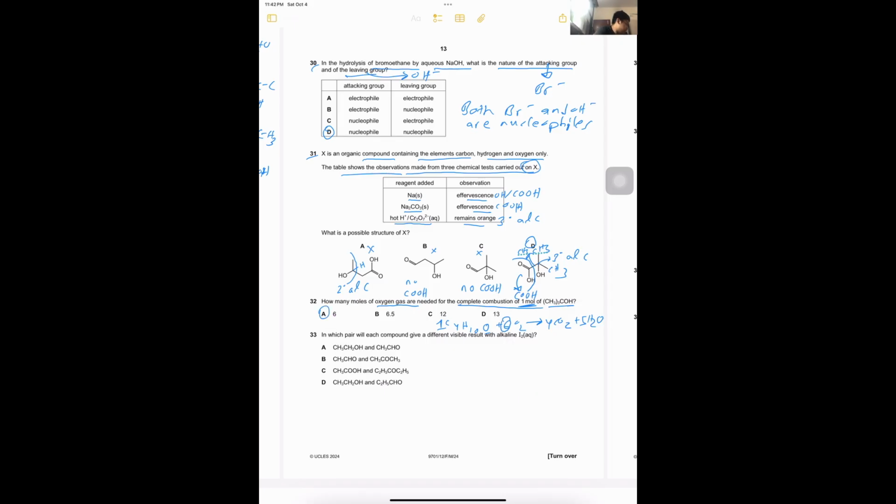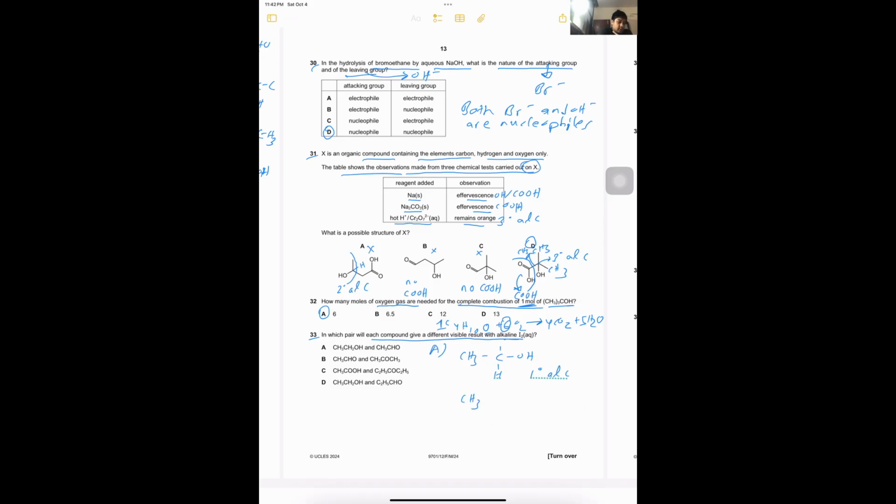For question 33, in which pair will each compound give a different visible result with alkaline I2? For option A, it is CH3CH2OH. Let me actually draw it like the displayed formula. This is a 1-degree alcohol, and this one is CH3.